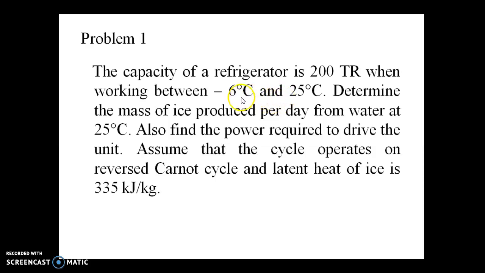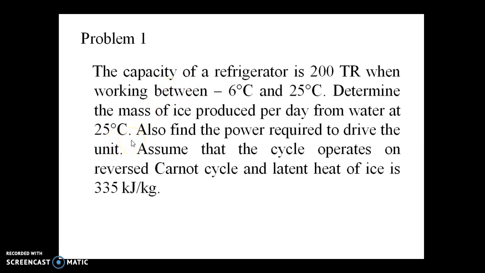So minus 6 degrees Celsius is the temperature of the cold reservoir. 25 degrees Celsius is the temperature of the hot reservoir. Determine the mass of ice produced per day from water at 25 degrees Celsius. So initially we have water at 25 degrees Celsius.